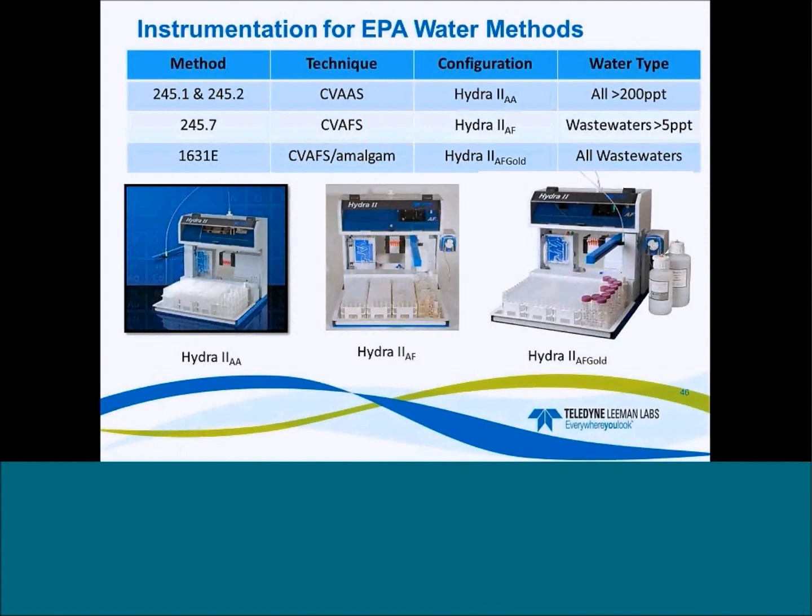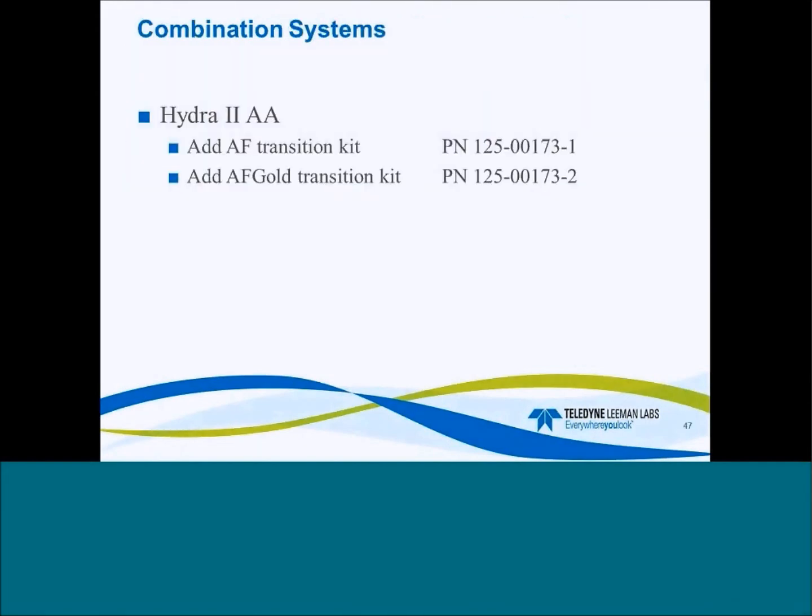So the instrumentation that we have are the Hydra AA, the Hydra AF, the AF Gold, and these three systems are limited to the type of analysis that you can do and the report limits that you can reach with each of the methods. If you do want to add a combination system, say to a Hydra AA, you can add the AF transition kit or the AF Gold transition kit, which would allow you to do all three methodologies.